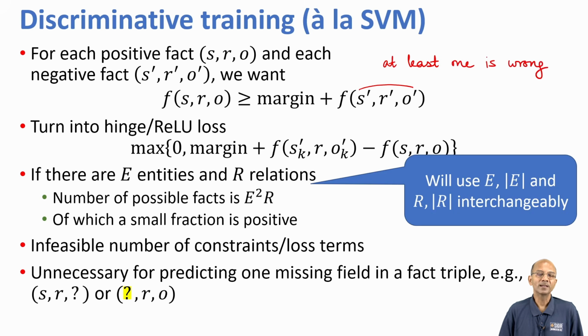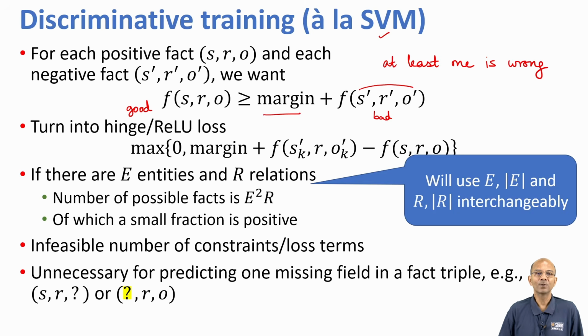So now we might say we want the good score, which is the score of the correct triple, to beat the bad score, which is the score of a triple which is wrong in at least one place, by an additive margin. This is similar to support vector machines, for those of you that are familiar with SVMs.